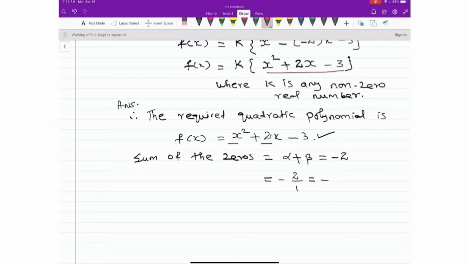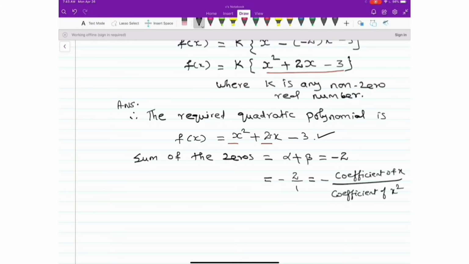So, I can write here coefficient of x by coefficient of x square. Already you know the sum of the zeros is equal to alpha plus beta is equal to minus b by a, which is minus coefficient of x by coefficient of x square. So that relation only we got now, isn't it?